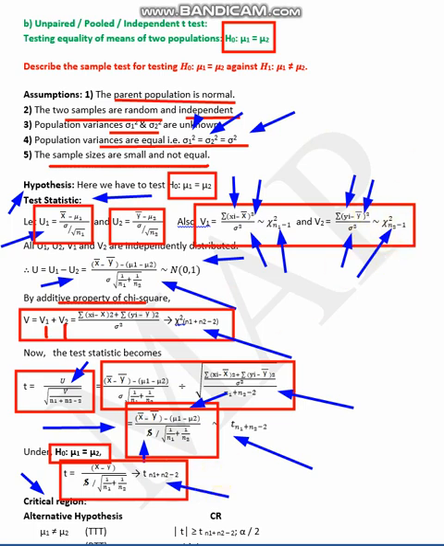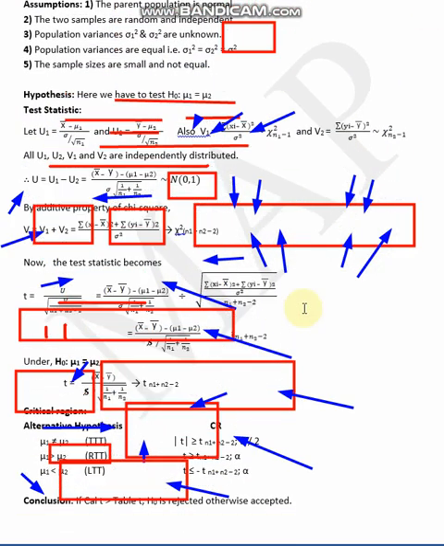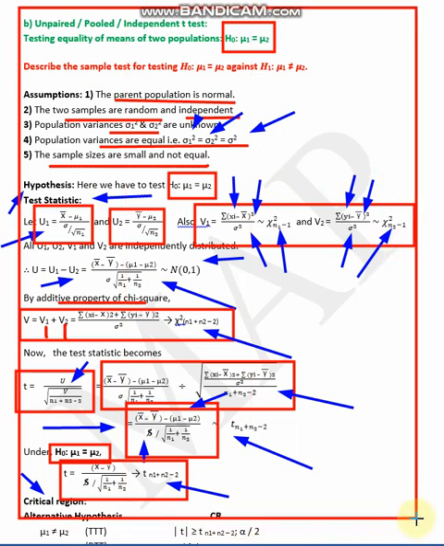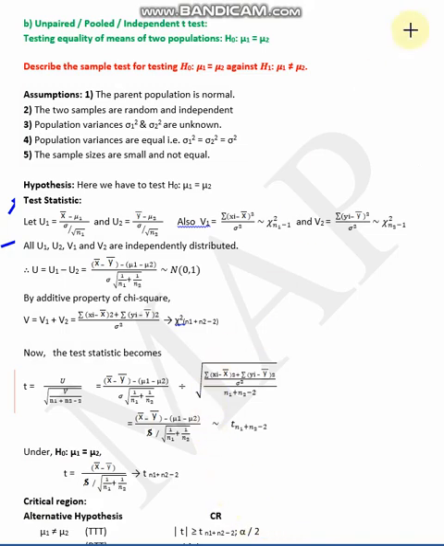Find out the critical region. So what is the critical region in this case? For this alternative hypothesis, since my alternative hypothesis is two-tailed, the critical region becomes as shown.